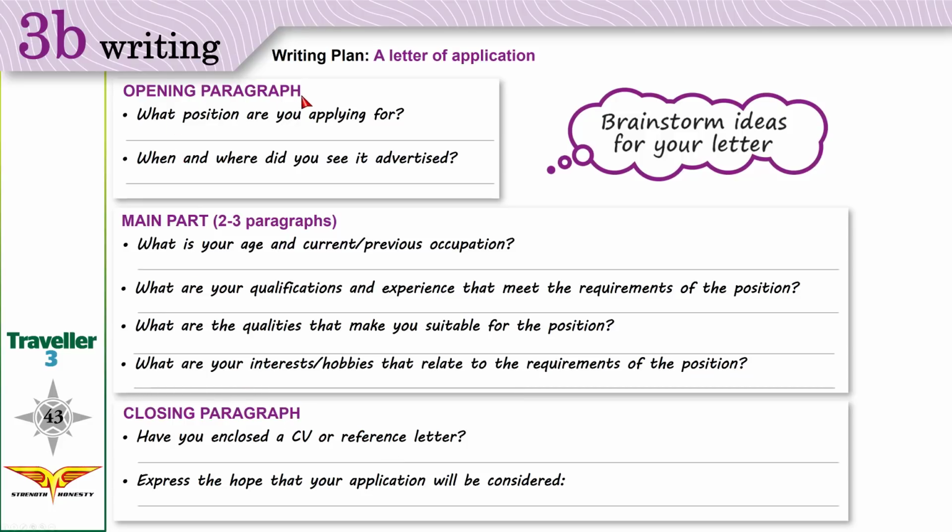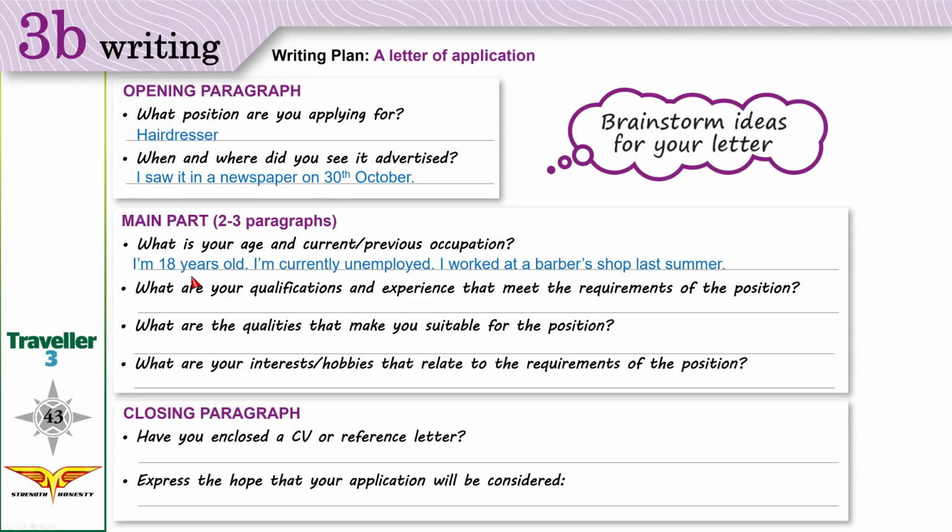For the opening paragraph, what position, what job are you applying for? Hairdresser. When and where did you see it advertised? Today. I saw it in a newspaper on the 30th of October. The main part, 2 to 3 paragraphs. What is your age? I am 18 years old and I am currently unemployed, because I have just finished school and I had worked at a barber's shop last summer.